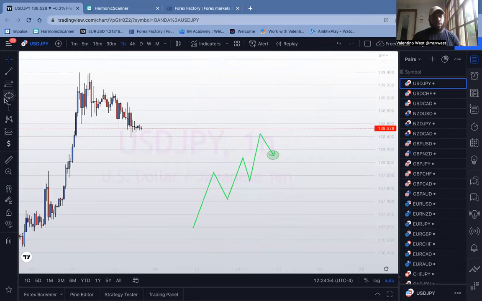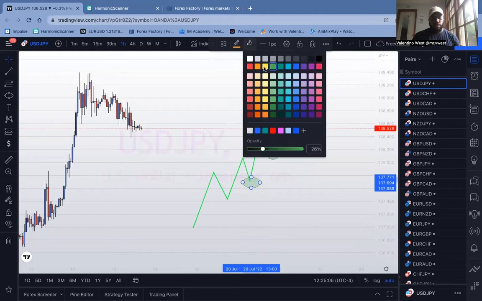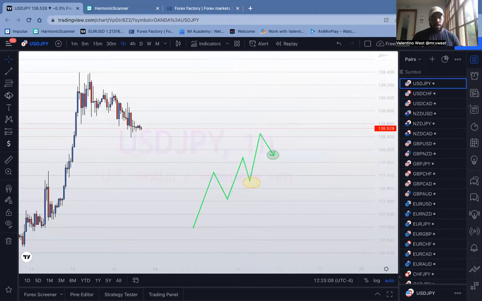So when we're in an uptrend and we're looking for a buy, we want to fib from low to high. So what you can actually do is you can fib from multiple low points. So this is a low point here, and I'll make this a different color. So this is a low point, this is a high.